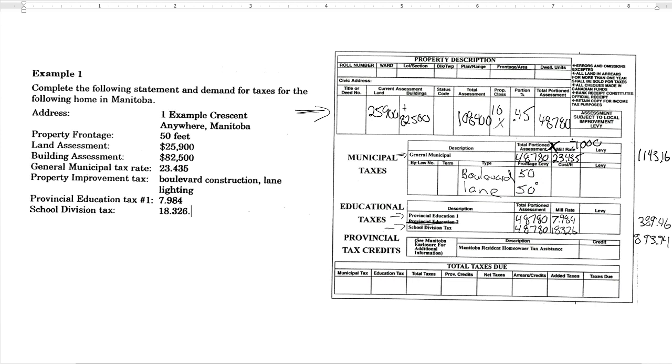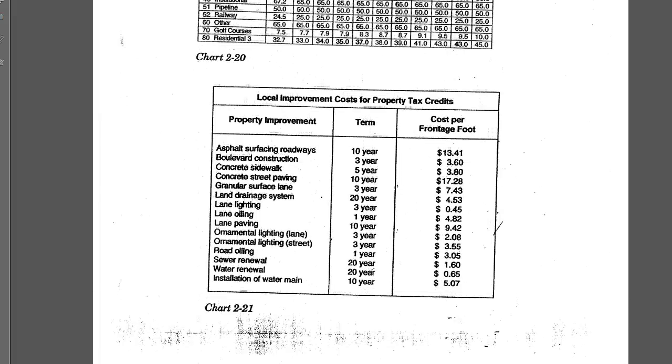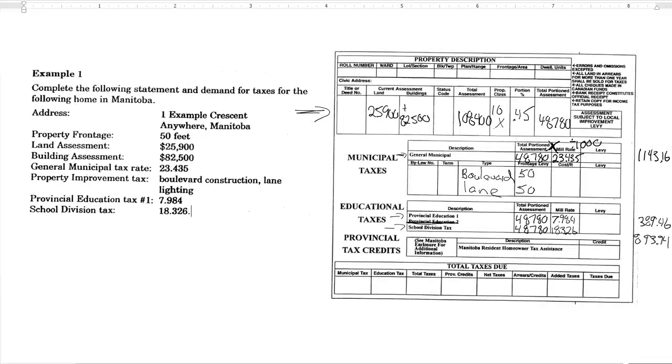And now I've got to figure out these costs per foot. So I go back to my charts, look at my bottom one, and I've got my boulevard construction, which is $3.60. And I've got a lane lighting, which is 45 cents. So I'll come back and fill those out.